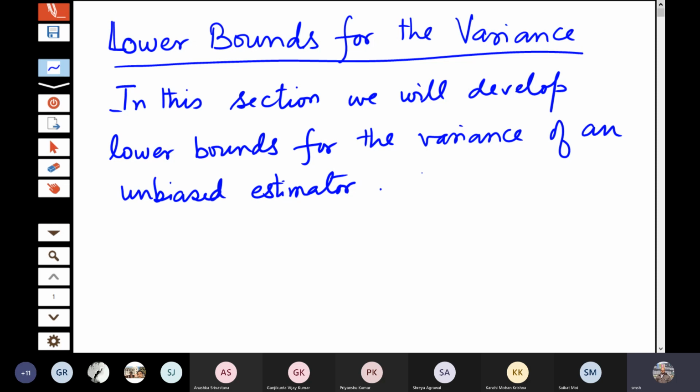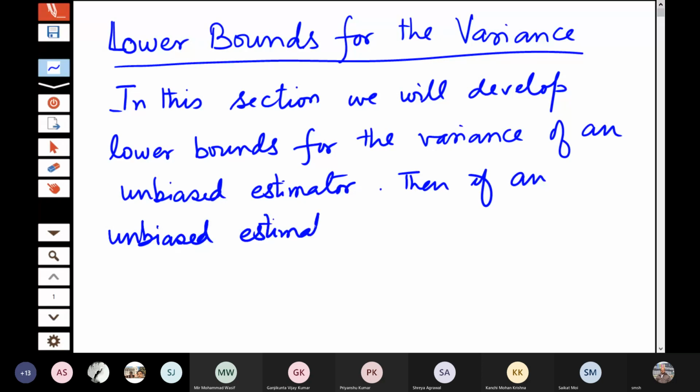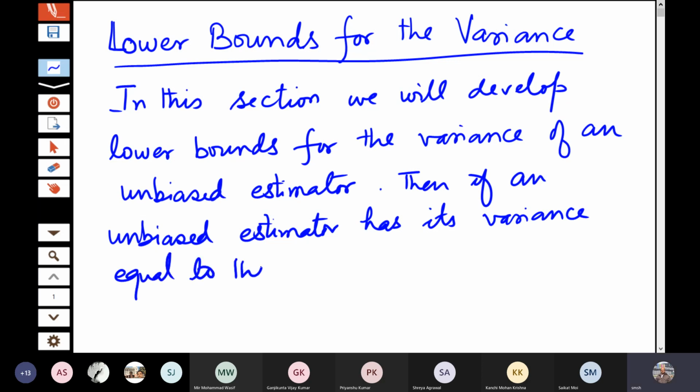Okay, so let me talk about this here. If the variance is equal to the lower bound, then it becomes the minimum variance unbiased estimator.